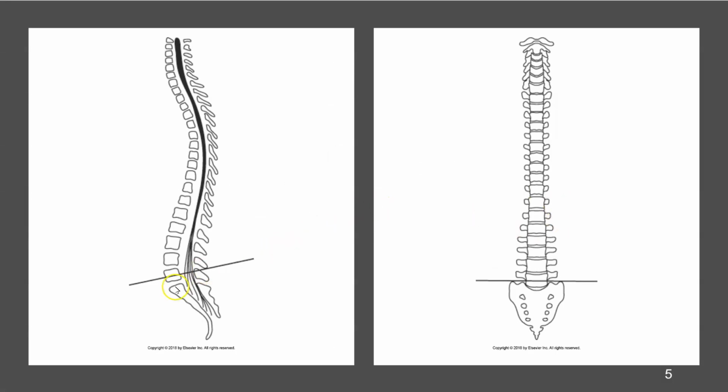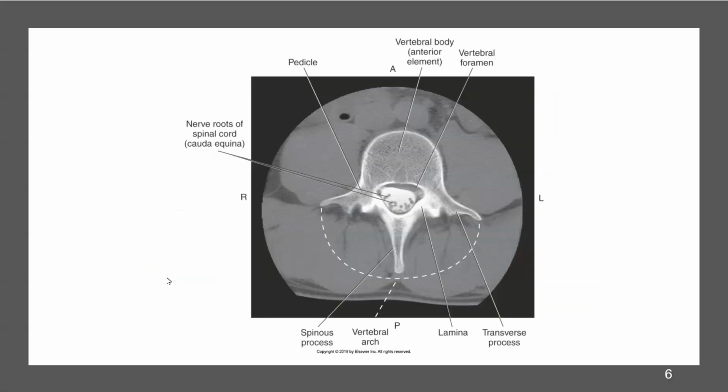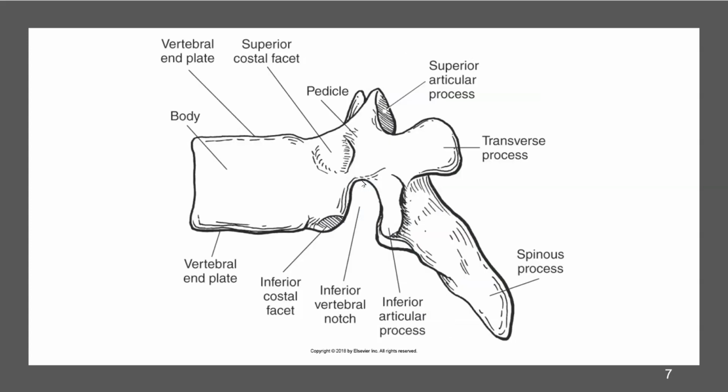Looking here, we're slicing through. As you can see, this is the sacrum coccyx. So this is 5, 4, 3, 2, 1. So we're going through L5. Looking here, we've got our vertebral body. We've got the pedicle and our transverse processes with our vertebral arch in the back. Here is our spinous process with our lamina and our pedicle.